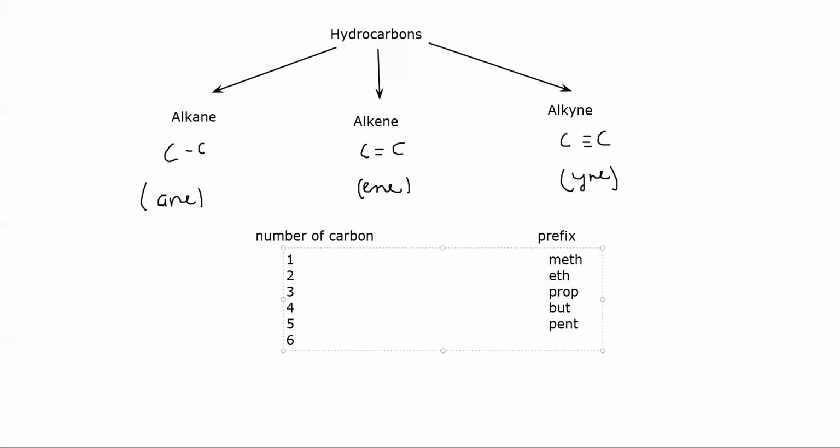Six carbon, hex, seven carbon, hept, eight carbon, oct, nine carbon, non. So these are the prefixes which you have to learn according to the number of the carbon.